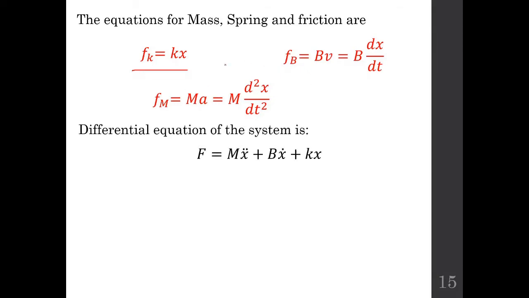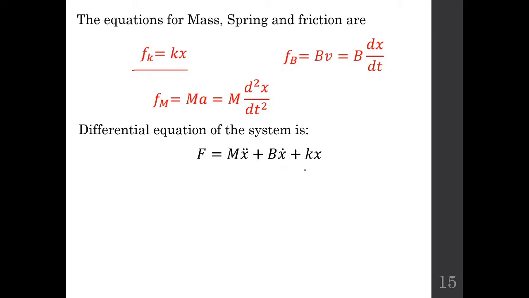So simply by putting all these three values into the previous equation, we can say F equals M into x double dash plus B into x dot plus K into x, where x double dash represents the double derivative of x and x dot represents the single derivative of x.